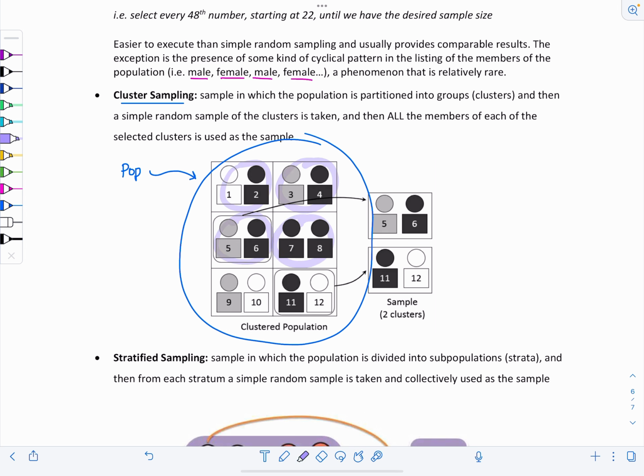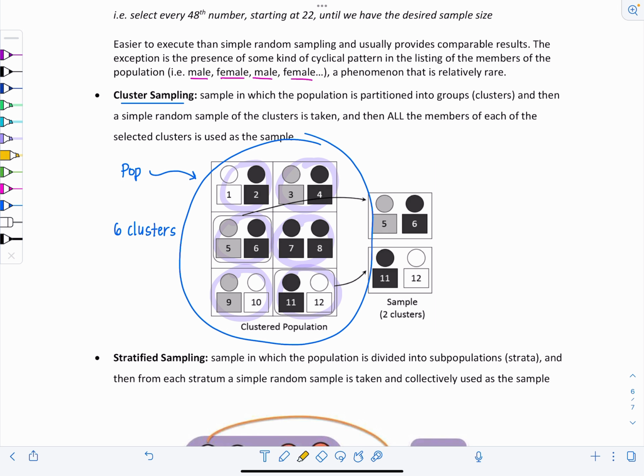All these groups are the same size. Then a simple random sample of the clusters is taken. So you come through, there's 1, 2, 3, 4, 5, 6 clusters, right? 6 clusters or 6 groups. And in this case, I'm randomly going to select 2 of them.